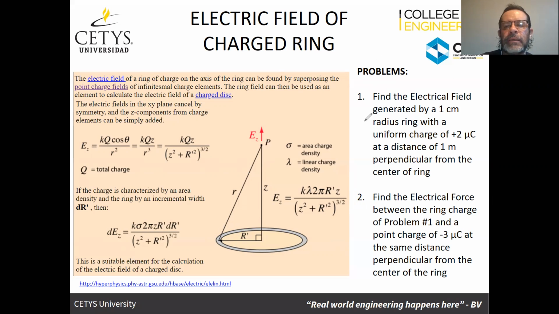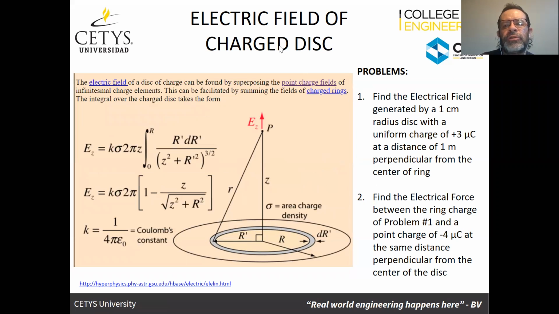And for the disk, there are also 2 situations here. Find the electrical field generated by a disk of certain proportions that has a certain charge, and find the force that's going to be exerted on a charge located at that point.